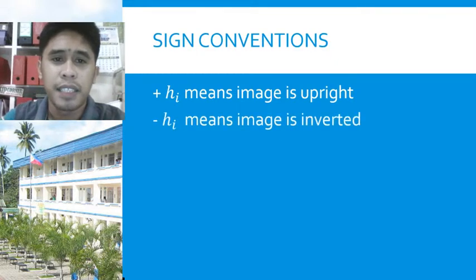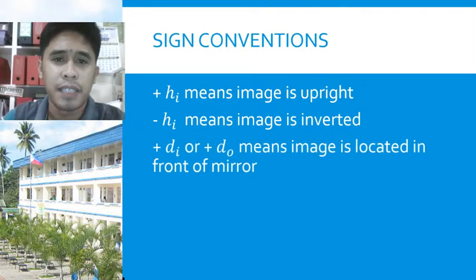If the height of the image is negative, then the image is inverted. If the distance of the image is negative, then it means that the image is located behind the mirror and it is a virtual image. Now, if the distance of the image is positive, then it means that the image is located in front of the mirror and it is a real image.